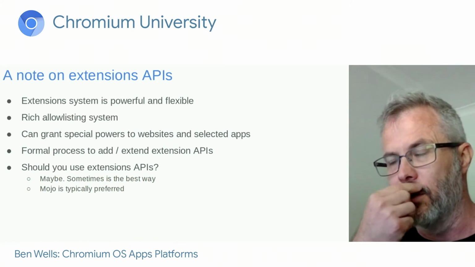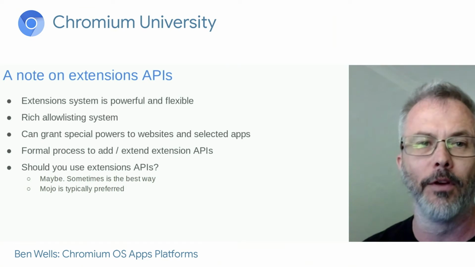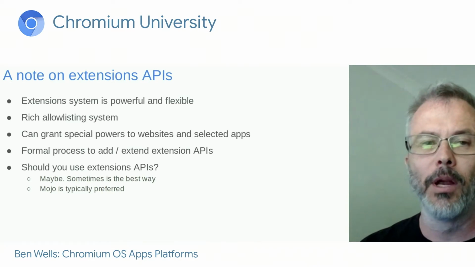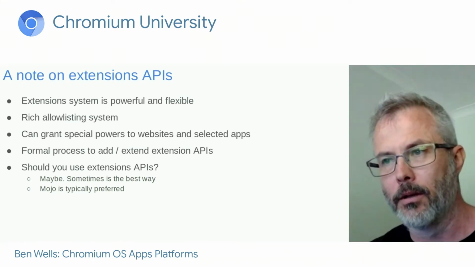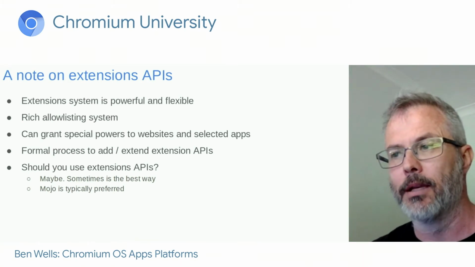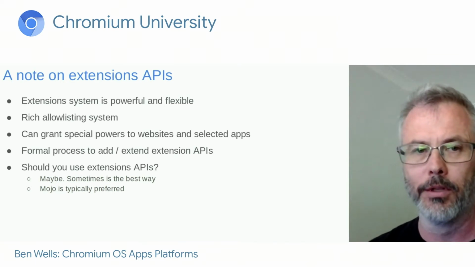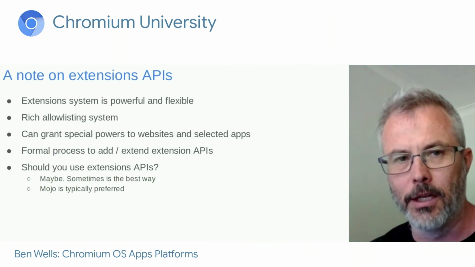We used this a lot in the early days of Chrome apps when we were building new APIs. We would find a partner or a number of partners that we could collaborate with, and they could try out the API and give us feedback, and we could iterate on it like that. There's a formal process to add and extend extension APIs. There's an extension API review process where proposals are made. You could think of it as kind of standardization light.